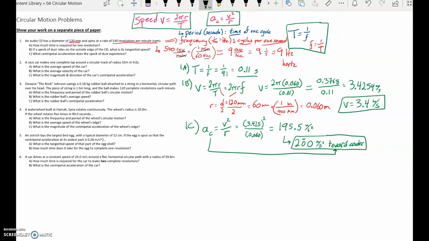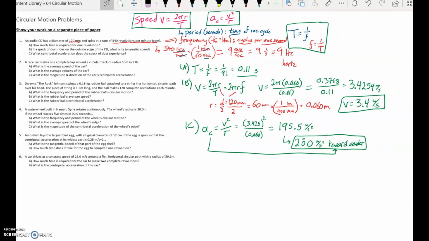Alright, so there's our example for question 1. Converting our diameter to the radius in proper units of meters, taking the reciprocal of the frequency to find our period, and then using our equations for average speed and centripetal acceleration to solve for those values.